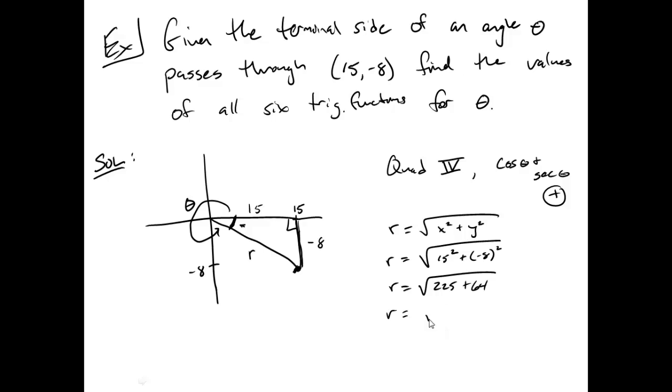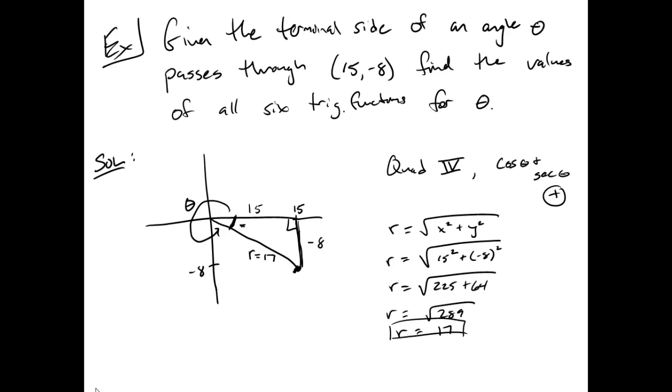So r equals the square root of 289, which tells us r equals 17. I don't stop here, that's just finding the radius. Alright, so r is equal to 17. And now we can find the 6 trig functions. I'll do it on the next page just so I have more space.